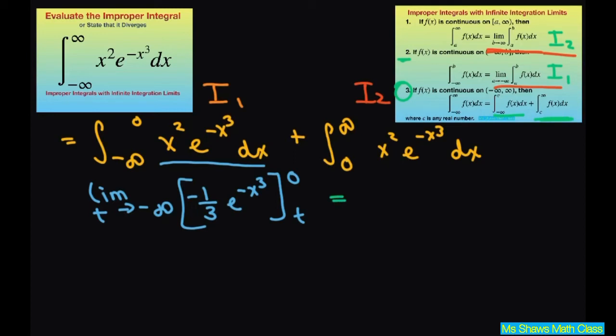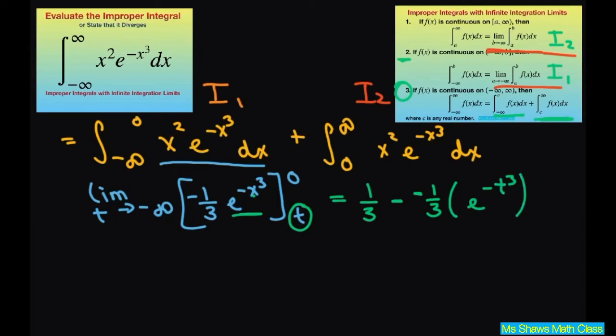So this is going to equal, when you plug in 0, this is going to be 1, so you get 1/3 minus, and then when you plug in the t, you're going to get negative 1/3 times e to the negative t cubed.